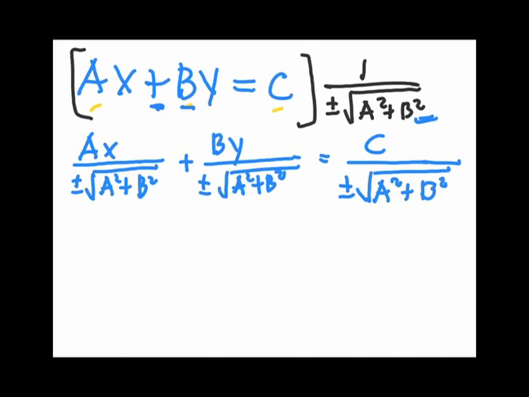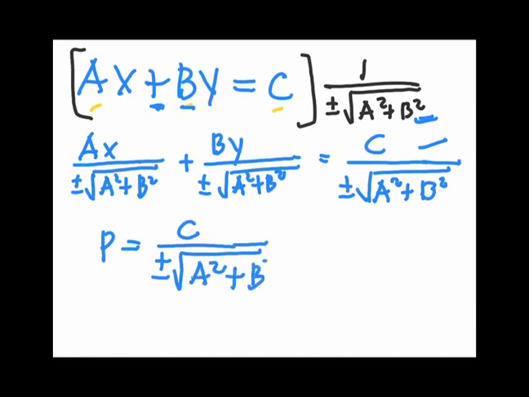Here, this p gives the perpendicular distance of the line from the origin, and this will now be the expression at the left side, meaning p is equal to c all over the positive and negative square roots of a squared plus b squared. Note that the computed value of p here is positive.